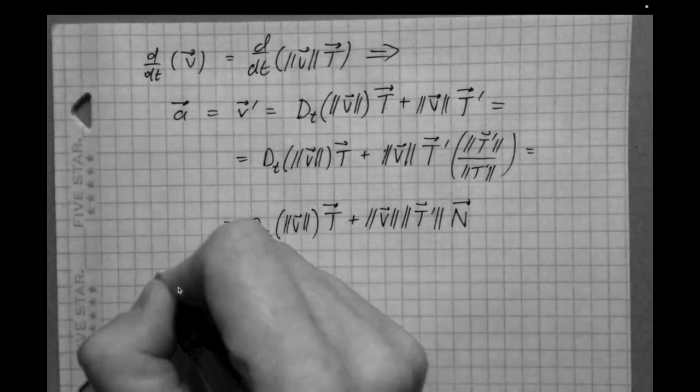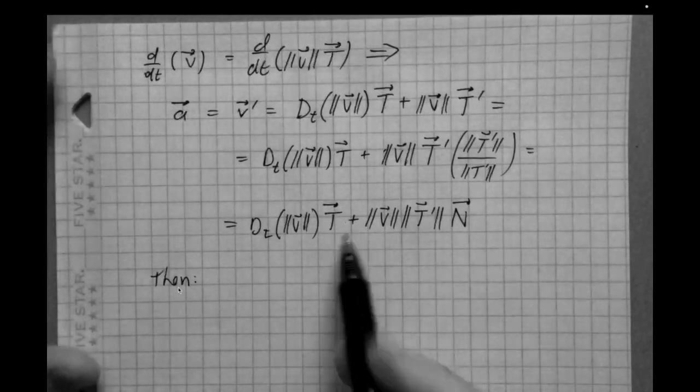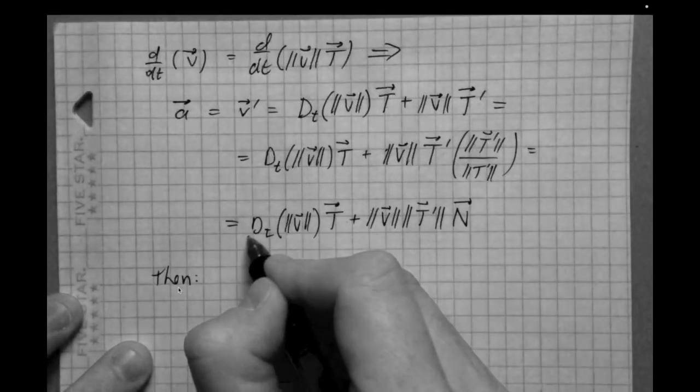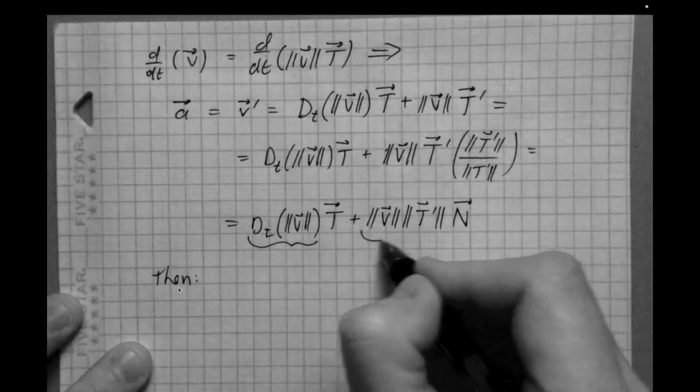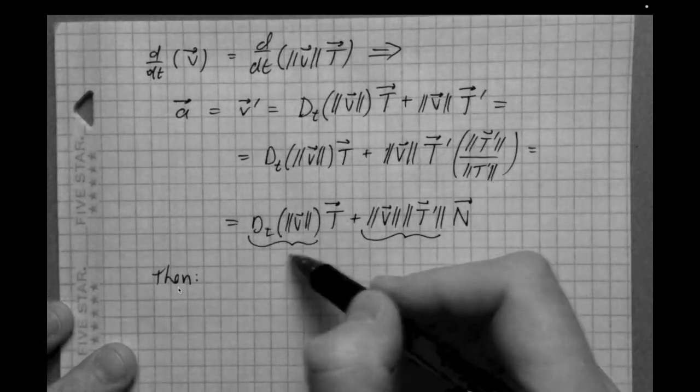Okay, what next? So, are we done? We kind of are done already, actually. These are not the prettiest constants in the world, but this here and this here, these are constants. Well, they're functions of t, real valued functions of t.